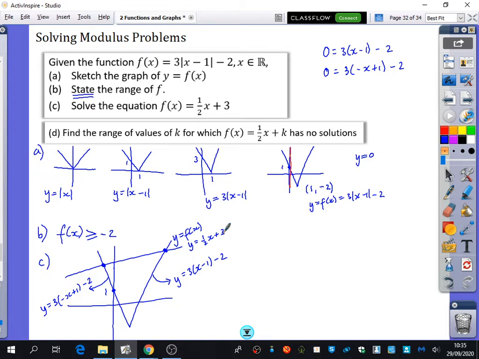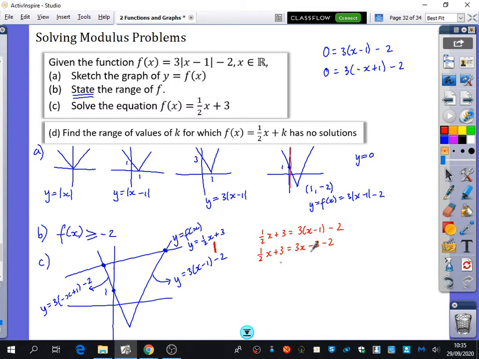So it's just going to be some algebra now. I'm going to solve these two as a pair, first of all. So a half x plus 3 equals 3x minus 1 minus 2. So that's a half x plus 3 equals 3x minus 3 minus 2.